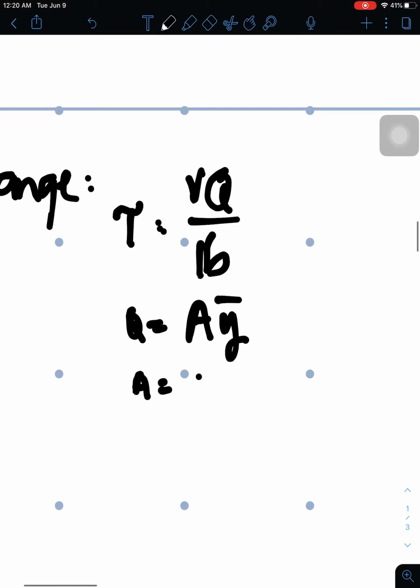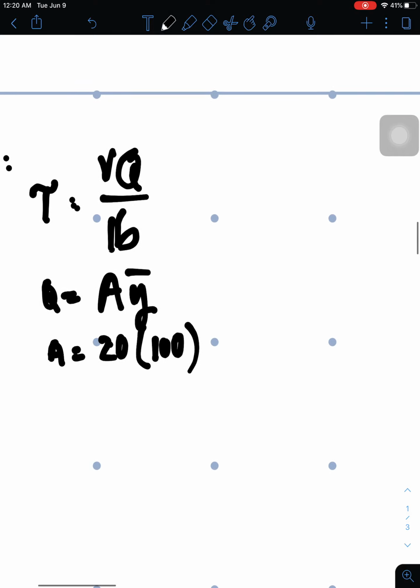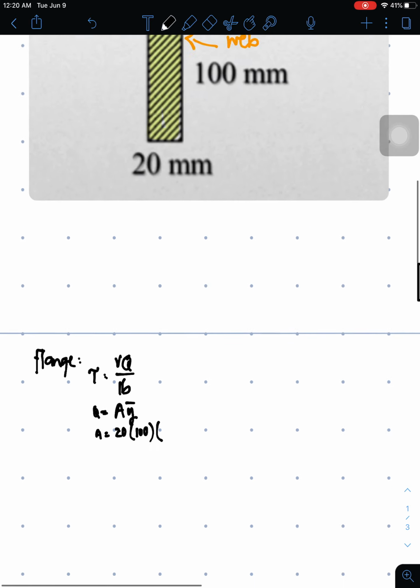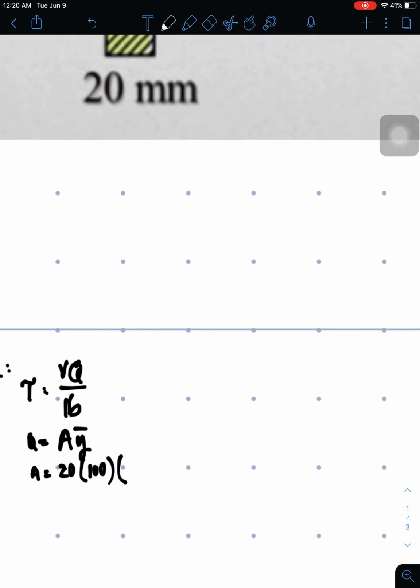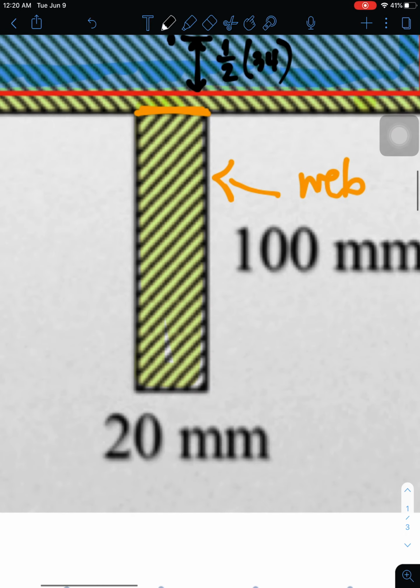Area equal to 20 times 100 times 116 minus 50, so that's 56, right?